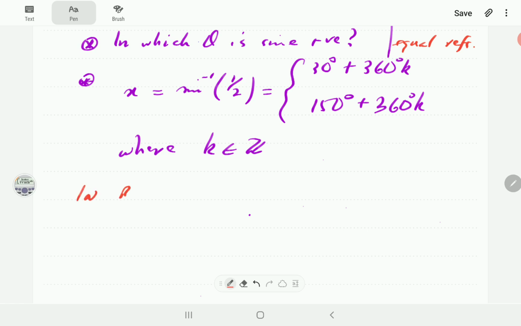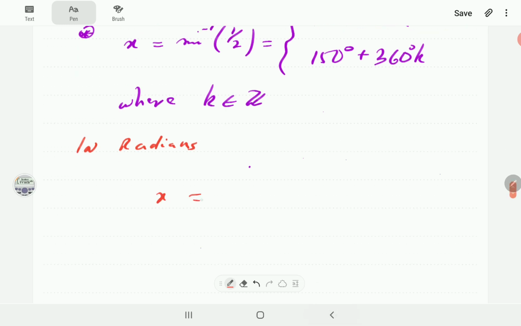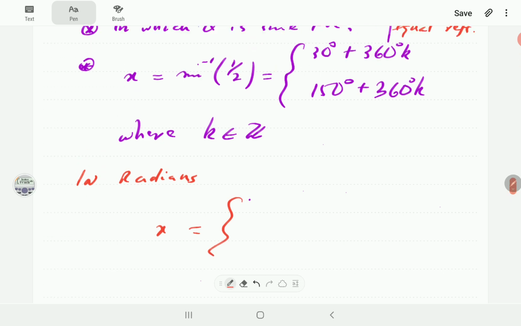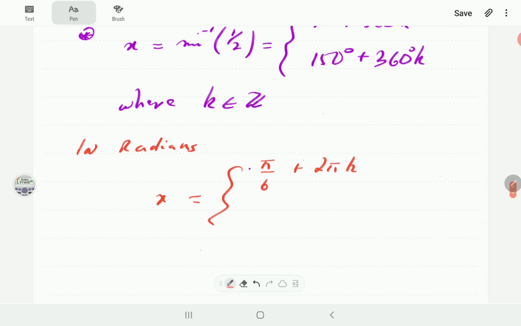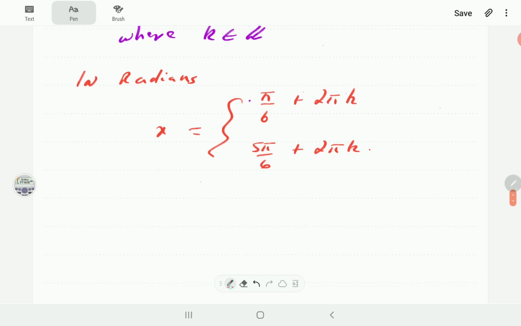So in radians, x is going to be 30 is pi over 6. 360 is 2 pi. 150 is 5 pi over 6. 2 pi k. So that's going to be the answer in radians.